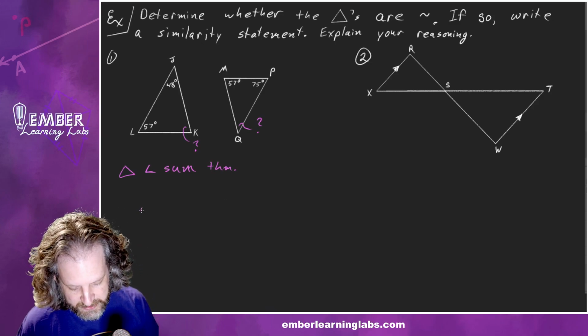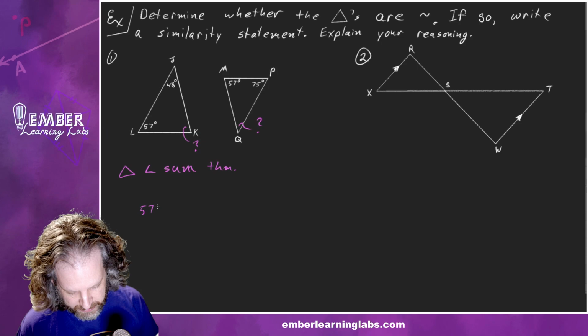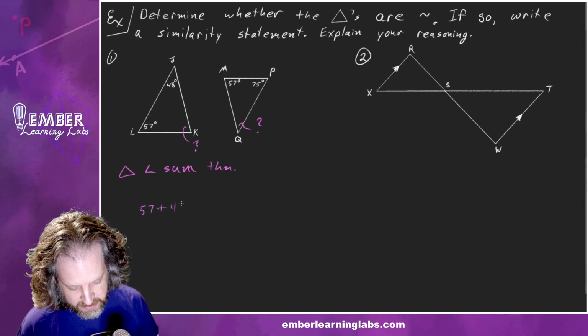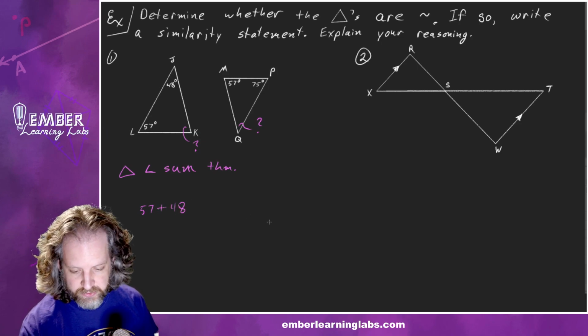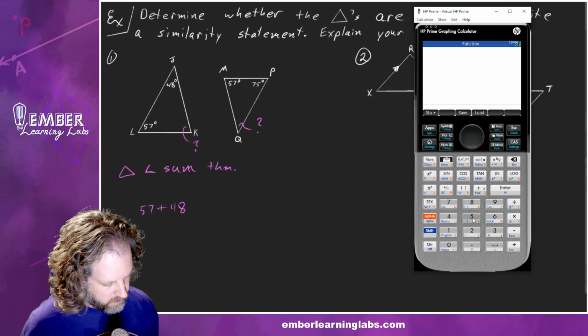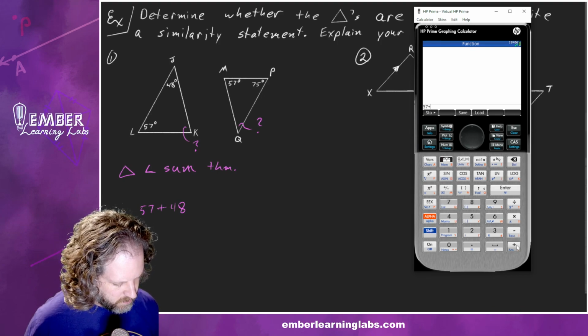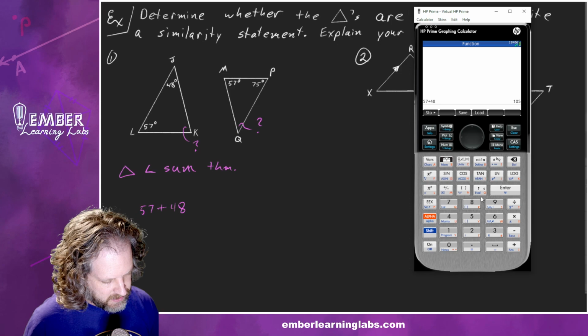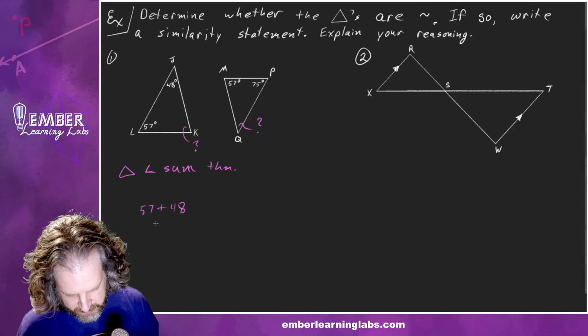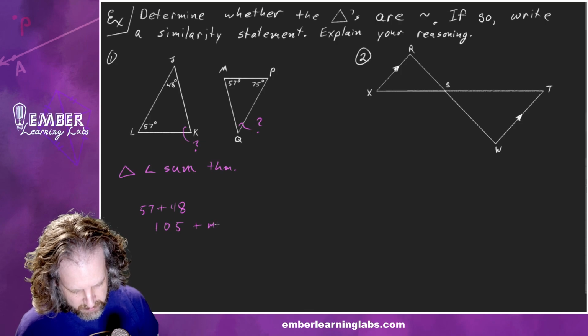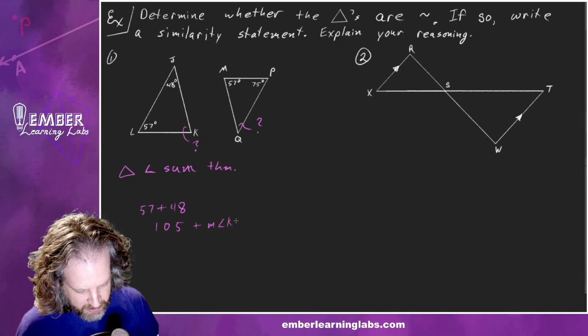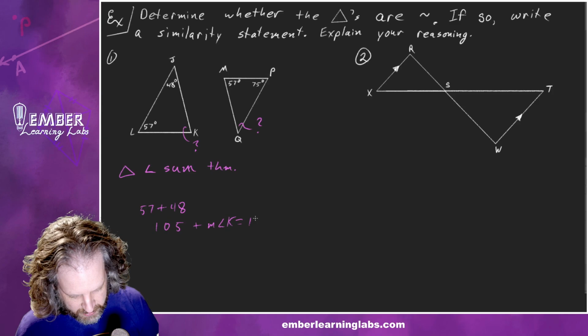So 57 plus 48 equals 105. So this is 105 plus the measure of angle K equals 180.